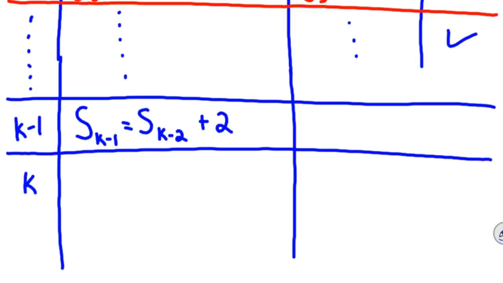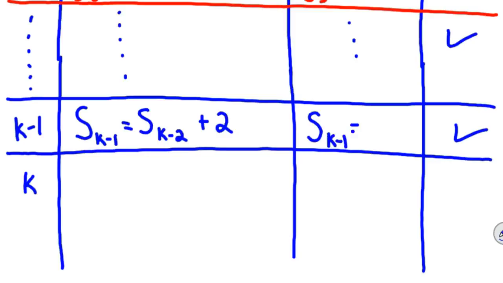That's probably a wild one there for you. Sometimes it is, sometimes it isn't for students. And so also for the explicit, S sub k minus 1 equals 2 times k minus 1 plus 2.